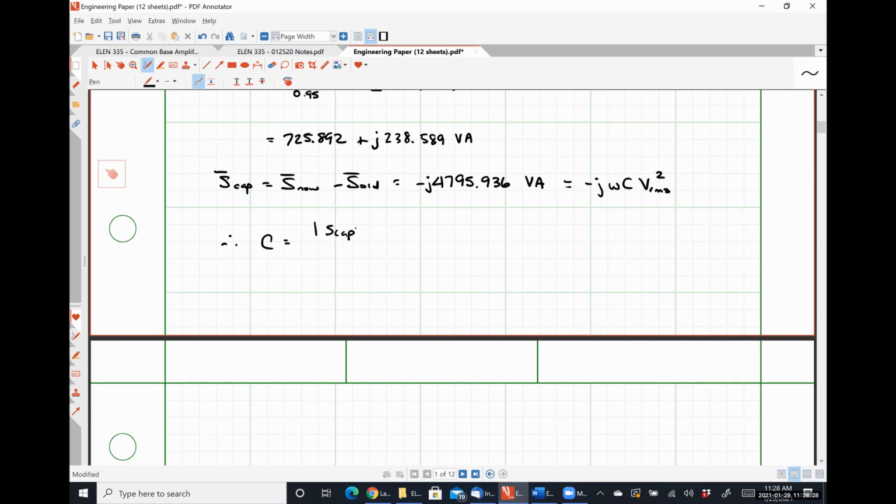So I should have the magnitude of S cap divided by omega times the volts RMS squared.